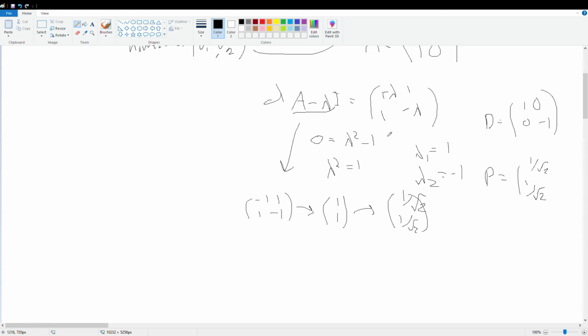Then let's try A minus lambda I for our second eigenvalue, and we end up with 1, 1, 1, 1. If you look at the null space of that, you'll end up with either 1, minus 1 or the other way around, depending on which you choose to identify as the pivot. If we normalize that, we end up with 1 over root 2 again.